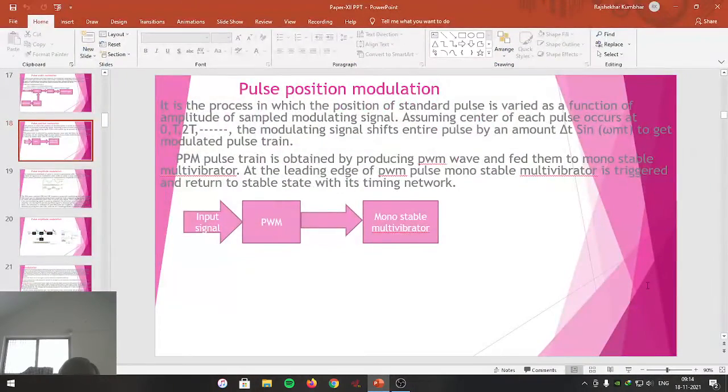In yesterday's extra lecture, we studied the concept of pulse code modulation and pulse width modulation.